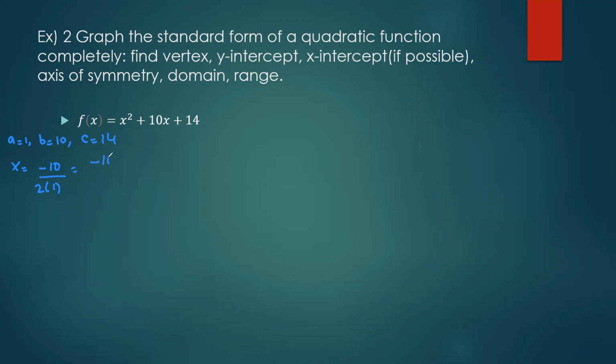So that's -10 over 2, which is -5. And then plug -5 into the function to find your y. -5 squared plus 10 times -5 plus 14. Let me put that in the calculator. That's -11.